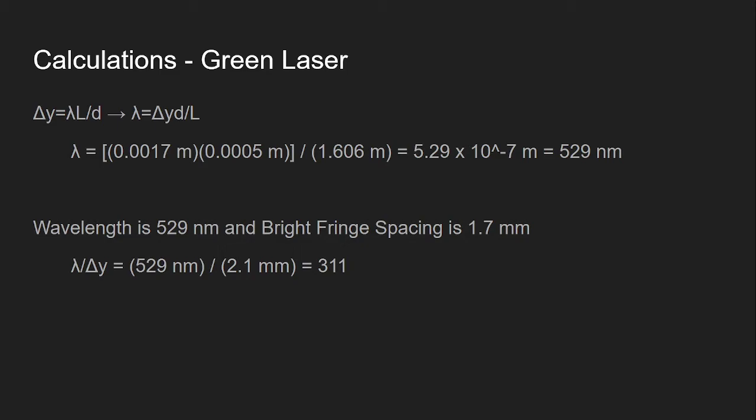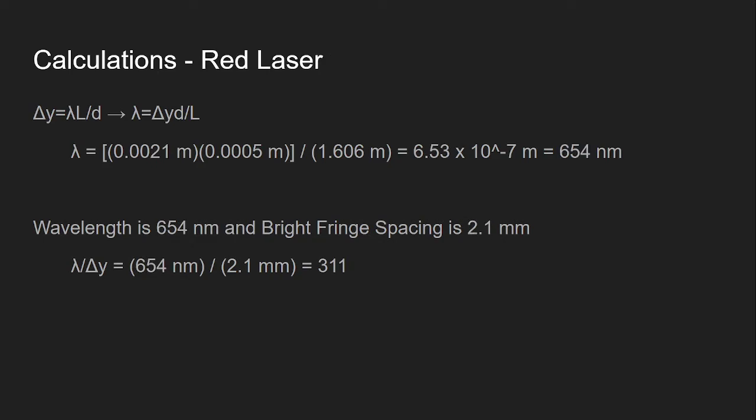If you do lambda over delta y, you get 311. Now the assumed and accepted wavelength for green light is 550 nm. So there was some error here, but we did receive the same wavelength with our calculations each time we did a trial with the green light.